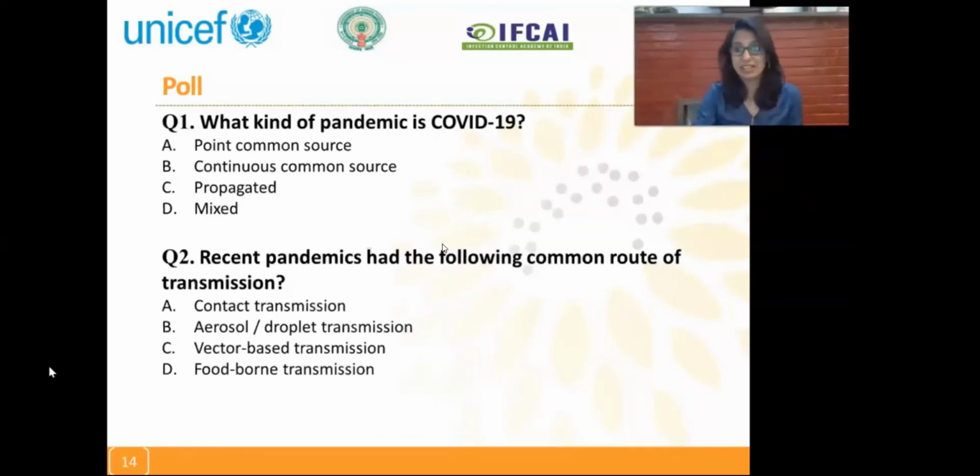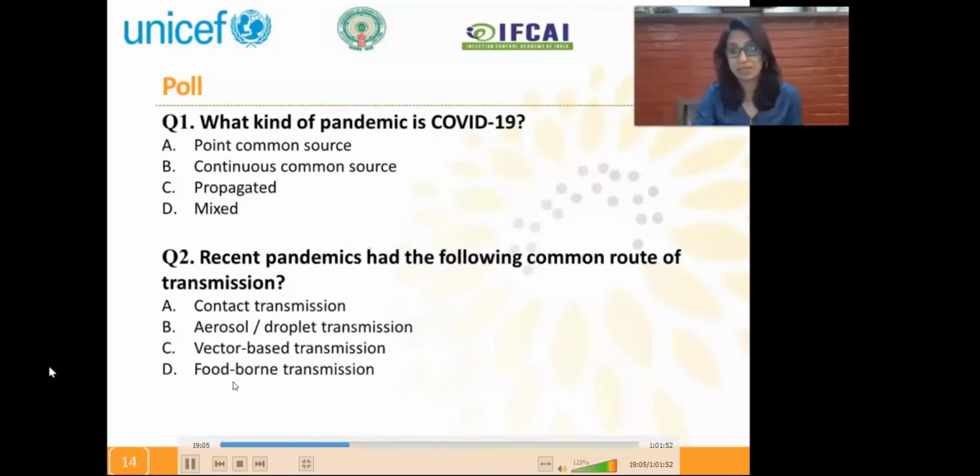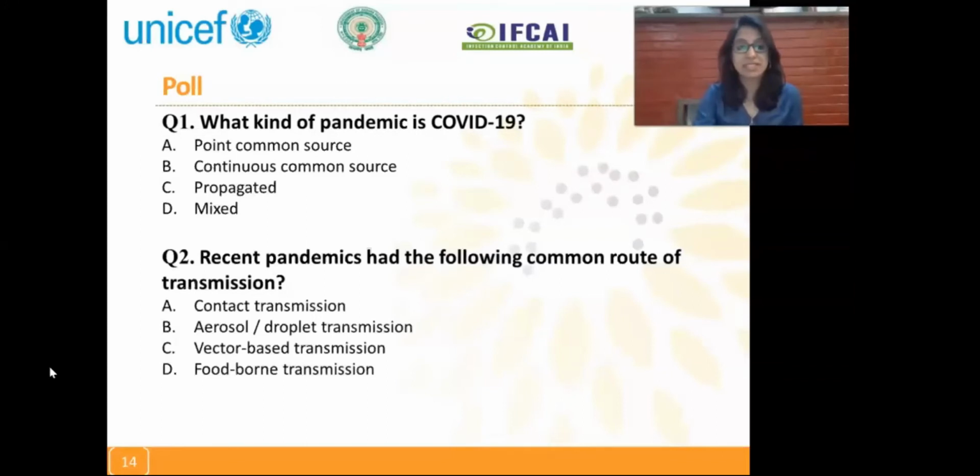You see there are third waves, and every time the wave is bigger than the previous. And the answer for the second one is aerosol or droplet transmission. SARS, swine flu, coronavirus: the common thing they had was aerosol and droplet transmission.